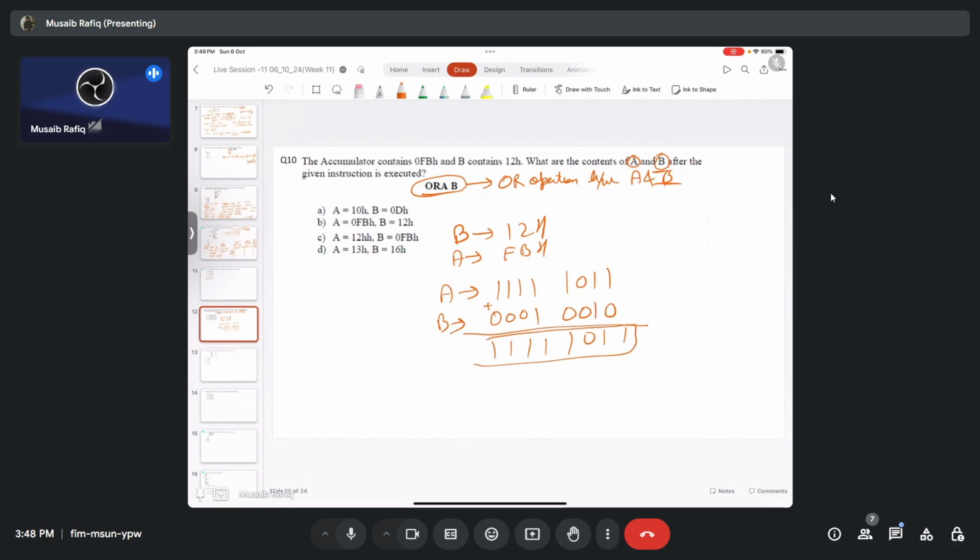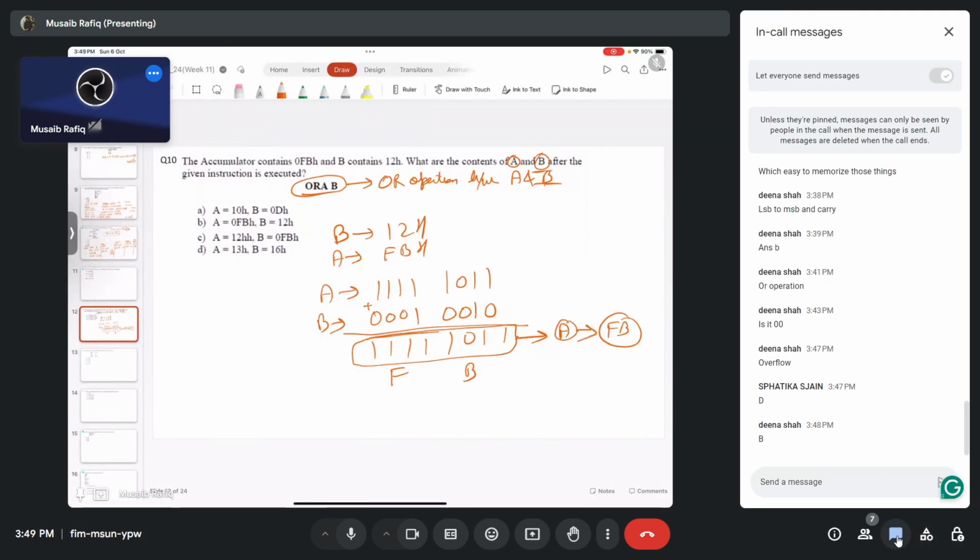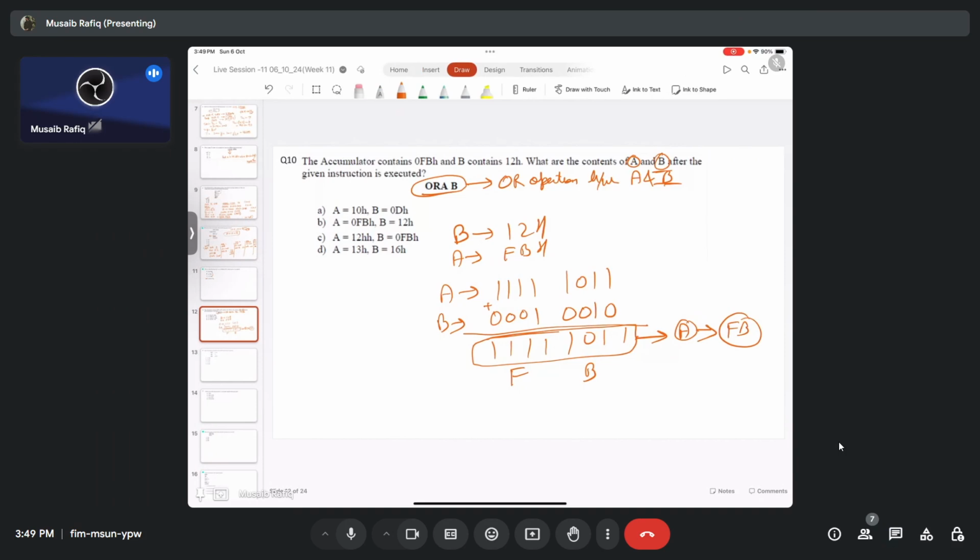This is the result of the operation, and it gets stored in the accumulator, which is your F and B. So my accumulator is FB after the operation. What about B? B remains unchanged. B is 12 hex. So A is FB, B is 12. Option B.